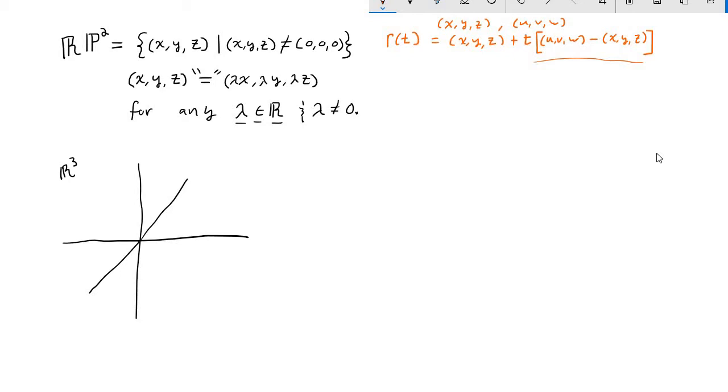And if t was equal to 1, the negative x, y, z would cancel out with the x, y, z over here, so I'd have the point u, v, w. You can check in some graphing software that this will be a straight line in R3.